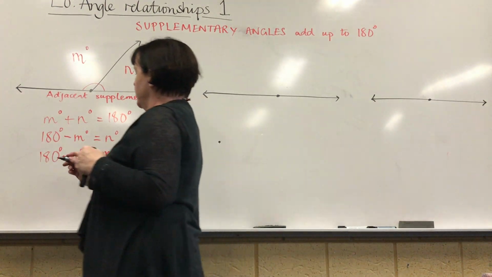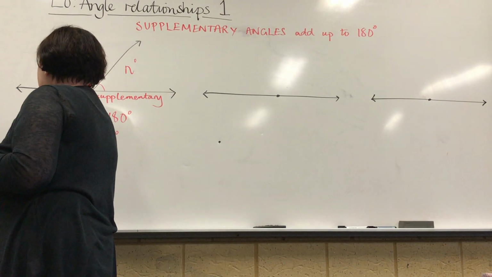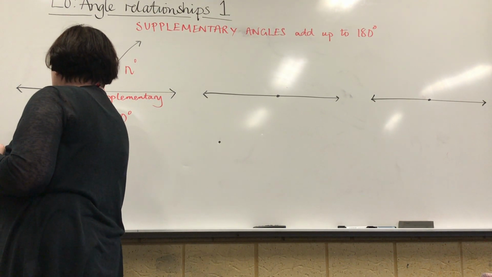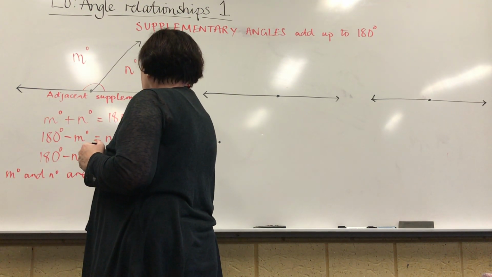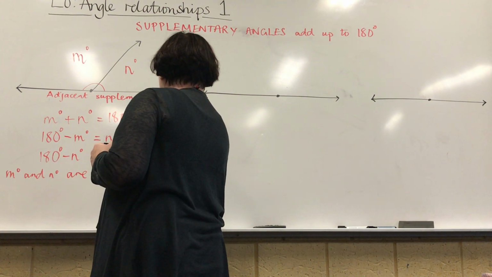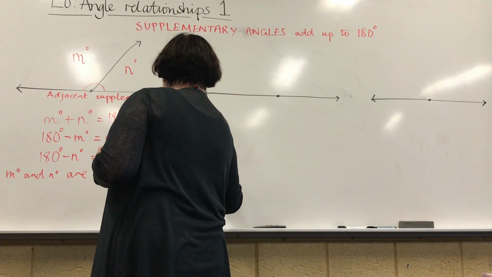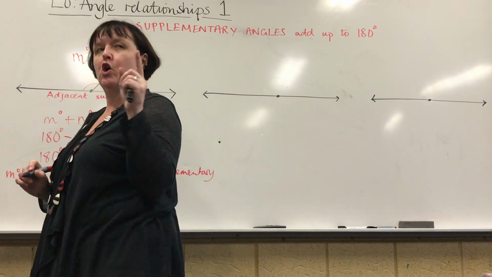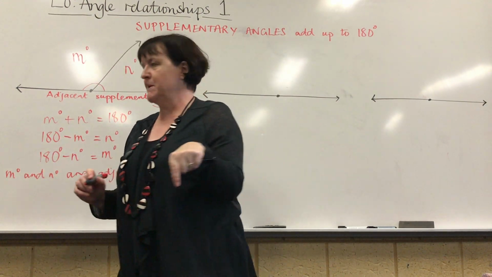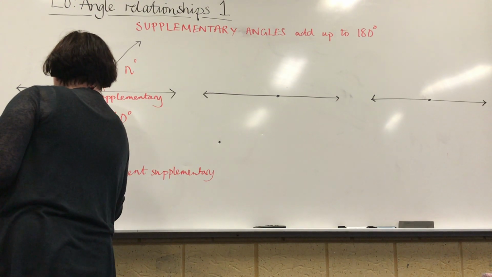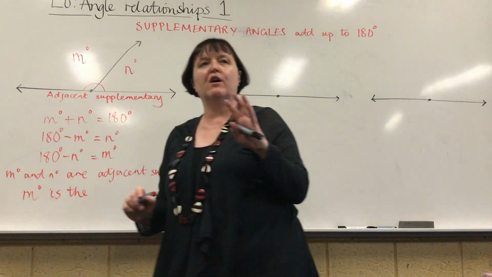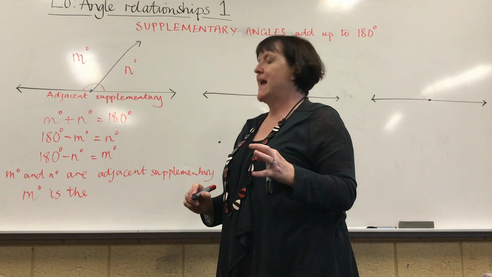So, angle M and angle N are adjacent supplementary. Now go back to what we said about complementary and complement. Who can tell me, angle M is the what of angle N, do you think?